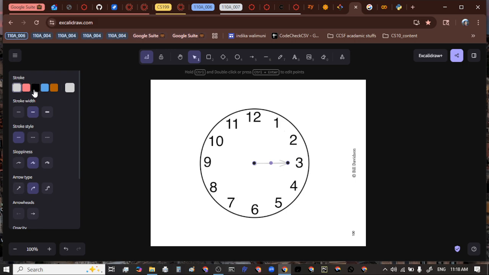I'm gonna use green, because it's St. Patrick's Day. Okay. All right. So imagine the start of the hour is 3. So that means the current hour is 3. My question is, where should be the minute hand?